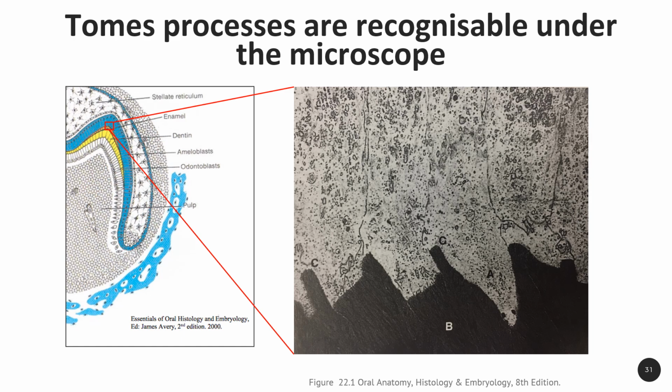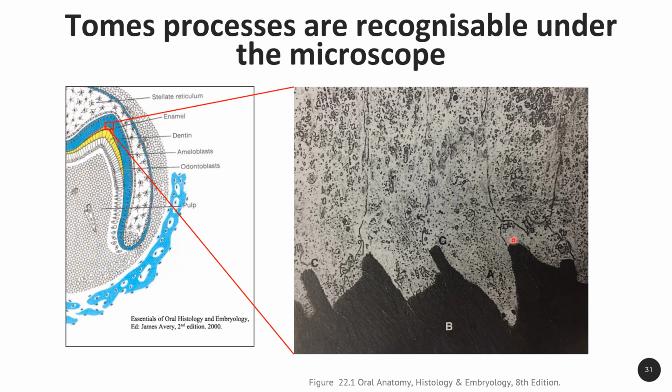The beauty of looking at ameloblasts in terms of enamel generation is that you can really see them under the microscope because of this Tomes process, this triangle structure that I was talking about. So again, if we zoom in, I hope you can see here, this dark black at the bottom will be the enamel proteins, pre-enamel components secreted by the ameloblasts.